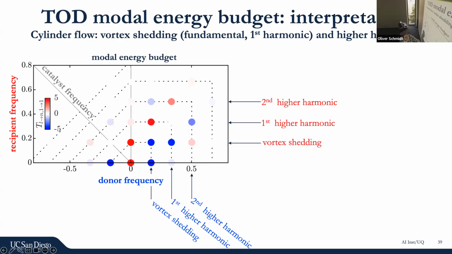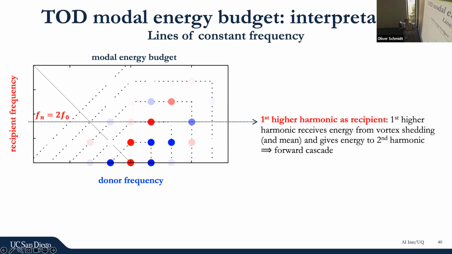Right, we can look at those from the donor perspective along this axis, or from the recipient perspective along the x-axis here. So, for example, different ways of interpreting it. Right, we can sit on one specific recipient frequency and just see where we get energy transfer.